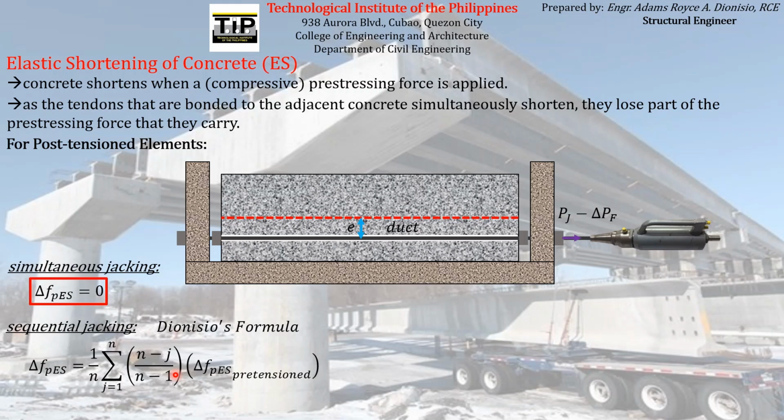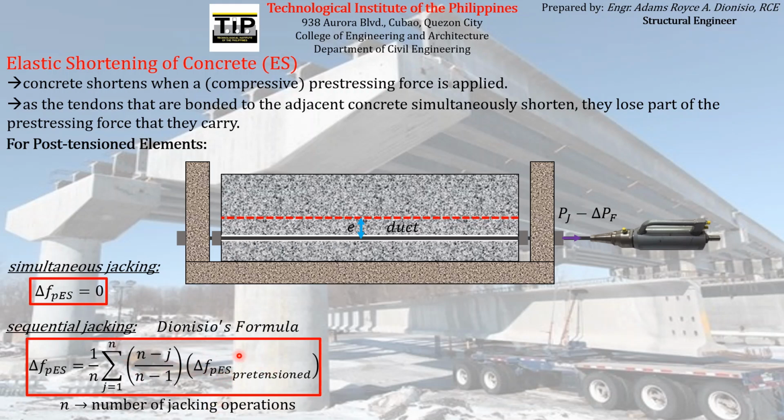So that is the formula for the pre-stress loss that will be experienced by the pre-stressing reinforcement due to the elastic shortening of concrete, wherein n that you see there is equal to the number of jacking operations. Later on, we will clarify what jacking operation means.